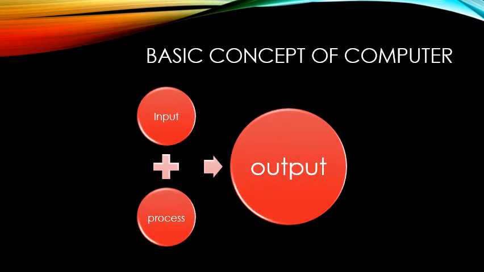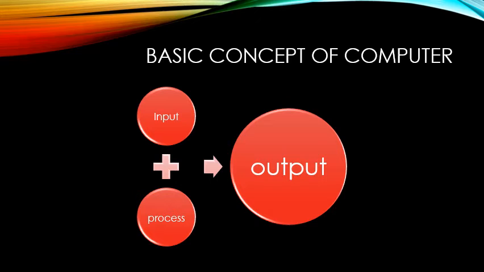The basic concepts of computer now. The basic concept is the input, process, and output. The input that we said in the previous slide is the data that comes into the computer in form of number, picture, text, or sound. That is the input. The computer will now do the processing. Data, as we know, are raw facts.